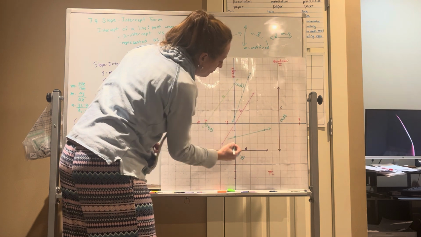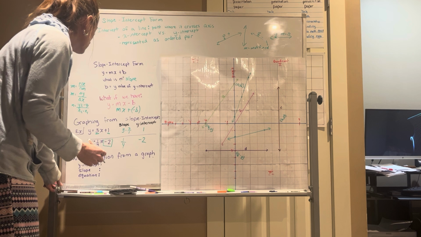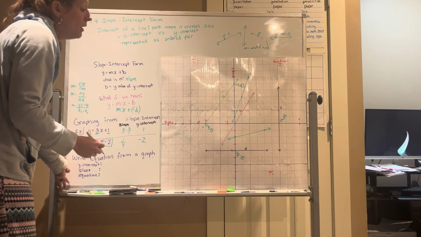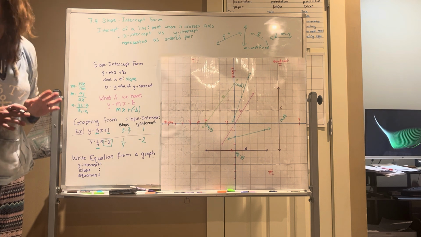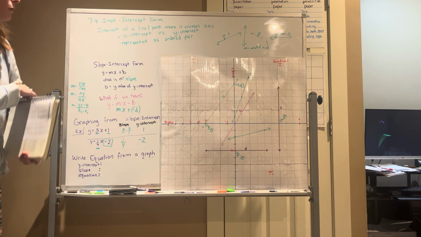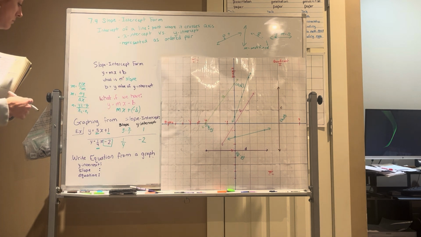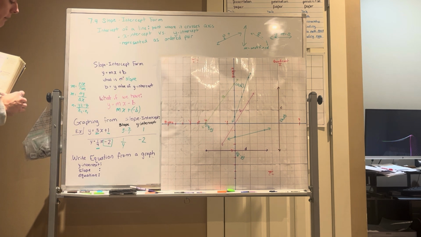And that becomes our line. So it's actually very easy to do these. If you don't understand that, rewind it, rewatch, come to me. It's up to you. But now let's write the equation from a graph.